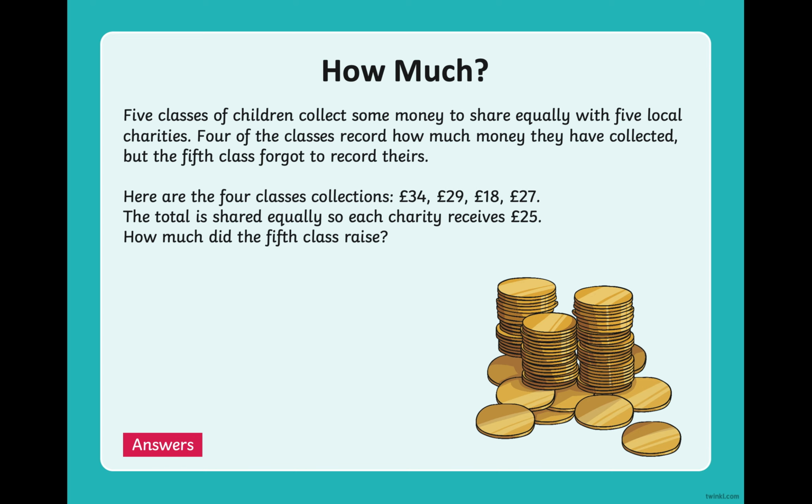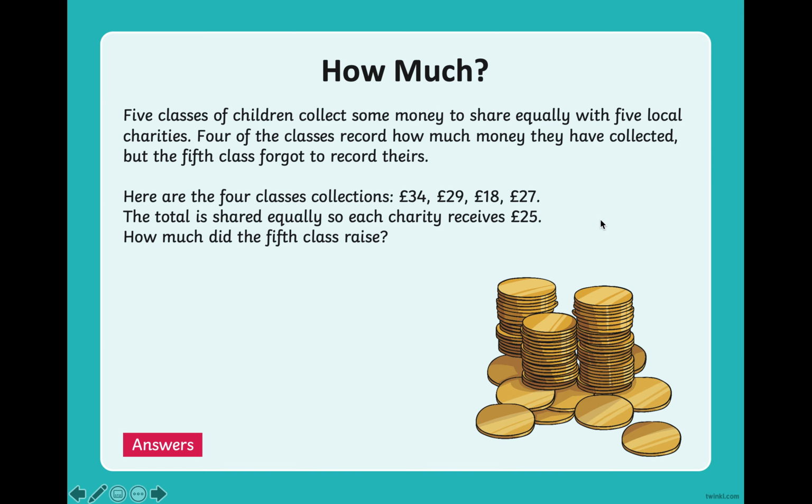What we can do is, it told us basically the mean of the whole thing, right? So this is the average of the whole, like each charity will get this much. So we basically added 34 and 29 and 18 and 27 all together, plus an unknown number. It all equaled something.